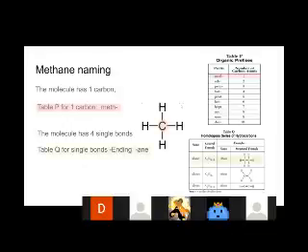So if I use table Q, all the ones with single bonds end in the syllable ane. Alkanes are all single bonded. So the example they give you here is ethane, but it's all single bonded. So when I put 1 carbon and single bonds together, I get the word methane.